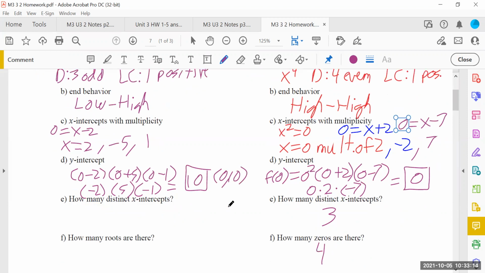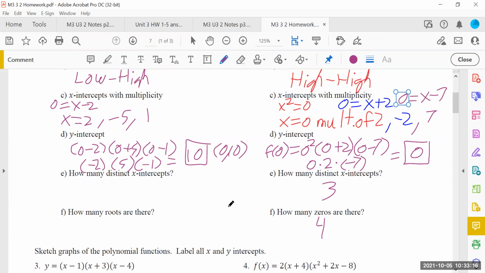So then how many distinct x-intercepts did we end up with? Ethan Bravo. We had 3. And then how many roots were there? Ednan, were there any duplicates in the x-intercepts? So if there's no duplicates, the number of x-intercepts is the roots. So how many roots did we have here, Ednan?